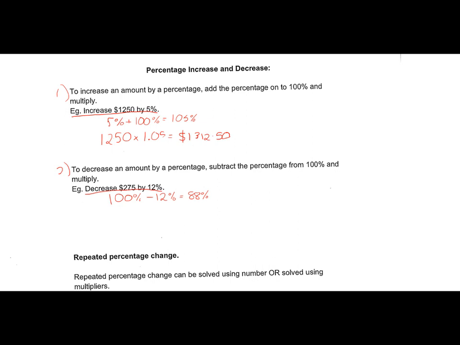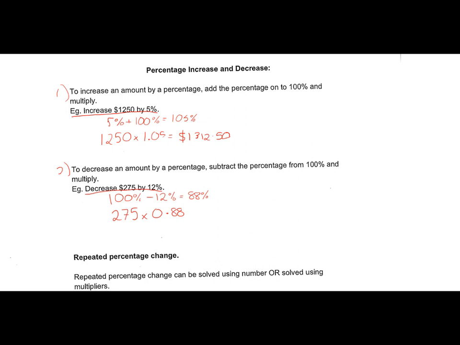When we do that, we then multiply the amount we're given, $275, multiplied by 88% as a decimal. Divide that by 100, and you get that 88% is 0.88.